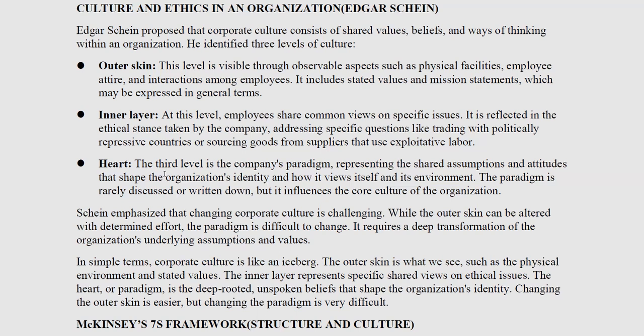The inner layer represents specific shared views on ethical issues, and the heart or paradigm is the deep-rooted unspoken beliefs and the informal relationships that shape the organization's identity. So changing the outer skin is easier, not so, but changing the paradigm is very difficult. So in case you have to use this, I think this is an easier model. You can easily apply this.